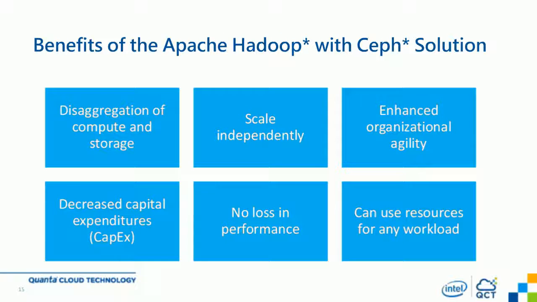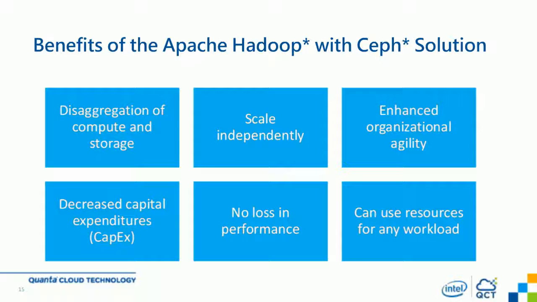So, for example, the solution allows compute servers to be virtualized because it is independent of the storage to provide faster deployment, enhanced security, and also multi-tenancy. Now, another important benefit is that through Ceph, the solution provides a single unified storage solution that meets all the enterprise storage needs.